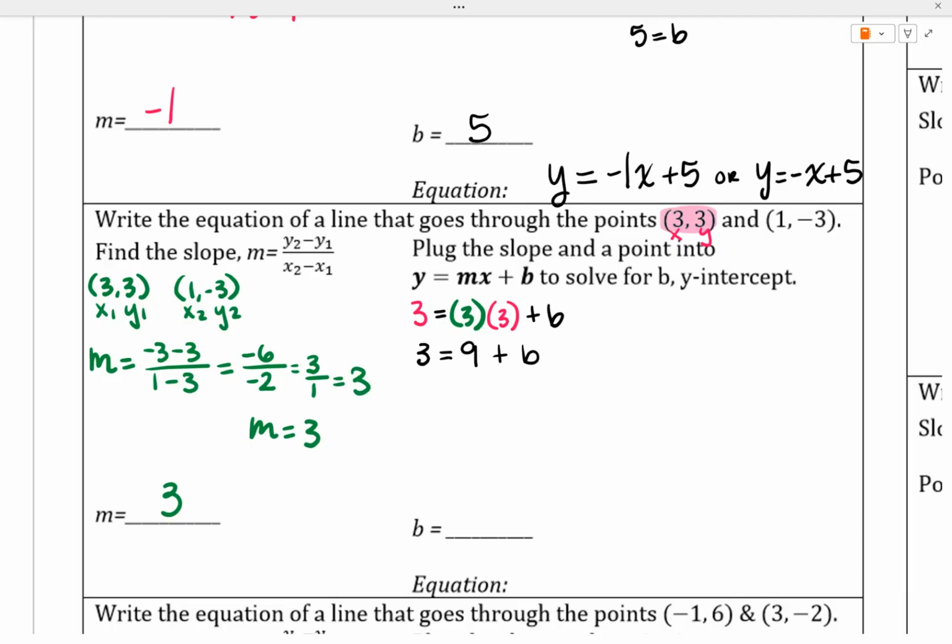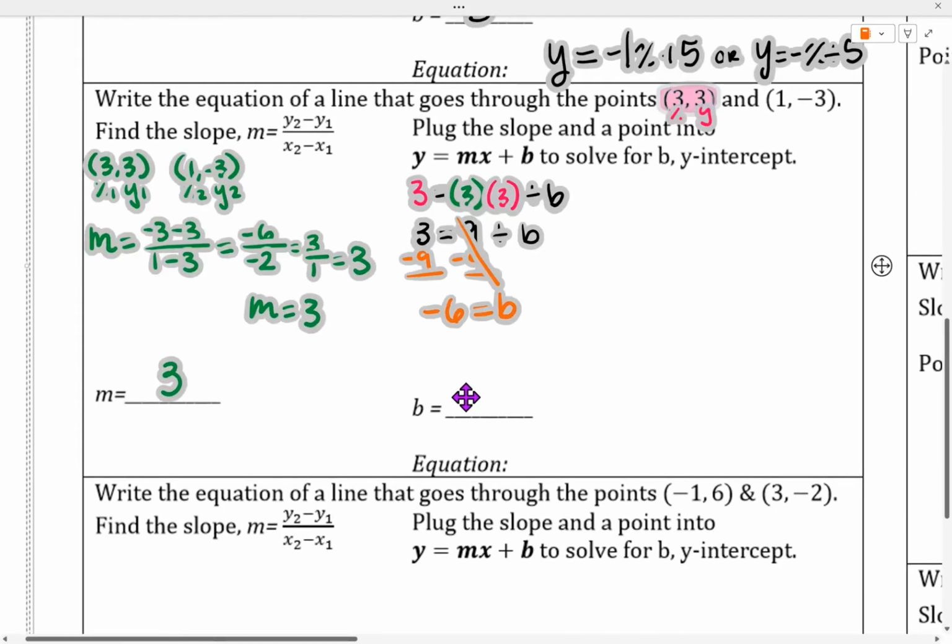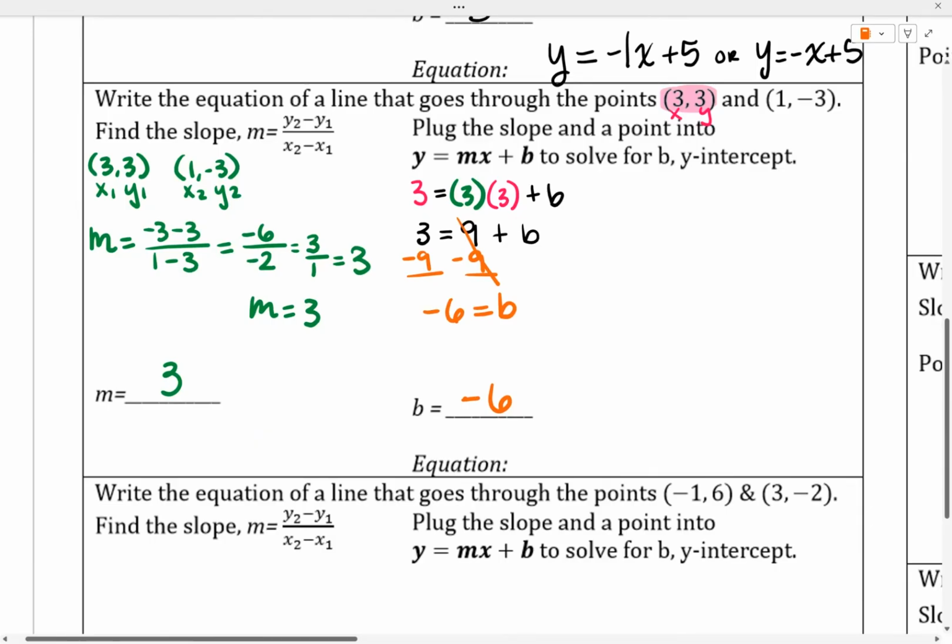And we need to get b by itself. So we need to move this 9 to the other side. So we're going to subtract 9, subtract 9. 3 minus 9 gives us -6 for b. So our y-intercept for this problem is -6.